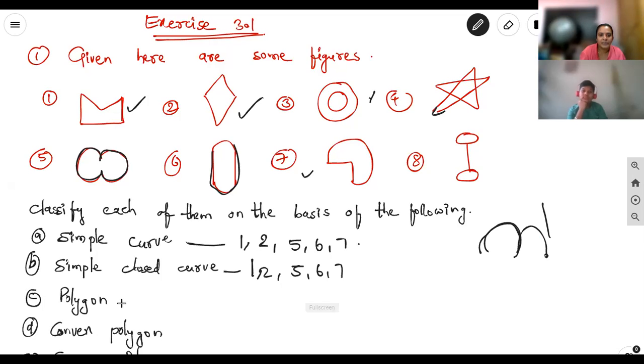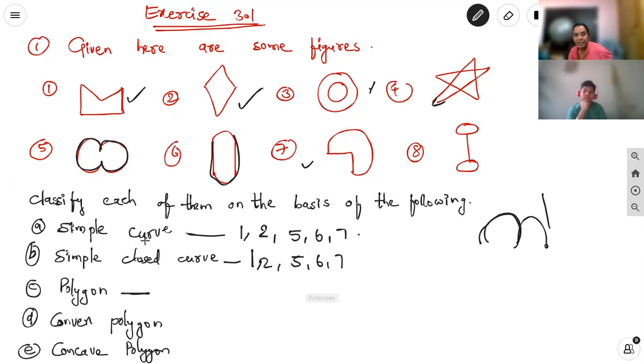Next, polygons. The difference between simple curves and polygons is that a simple curve can be made by straight lines or curves, anything, but a polygon is made by line segments only. The first figure is made of line segments.